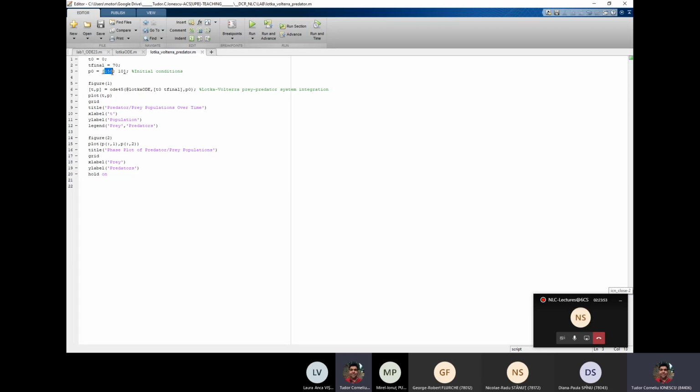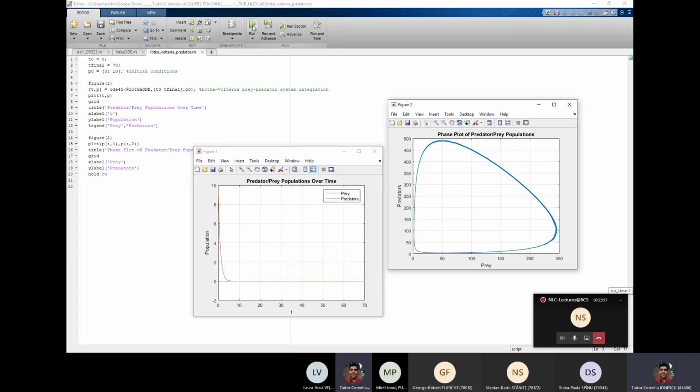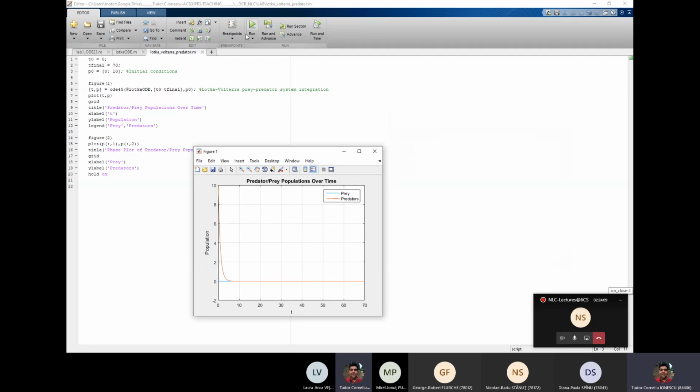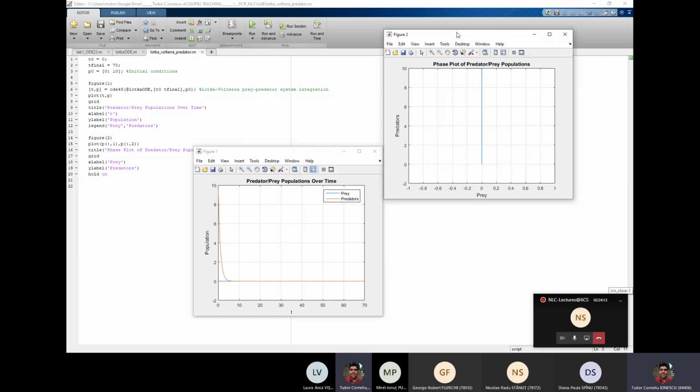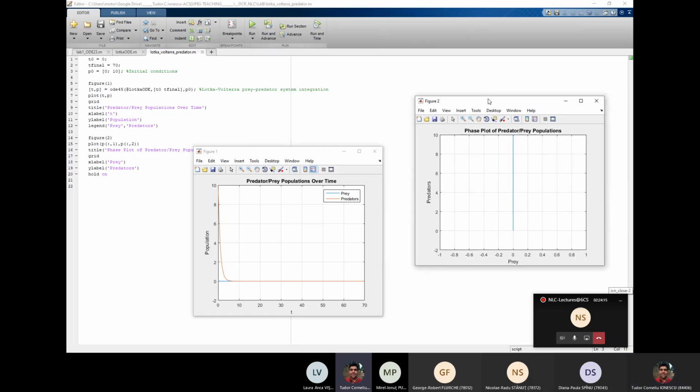Now let's have no prey, and only predators. Let's have 10 predators and no prey. Oh well, look. The predators disappear. The predators disappear if they've got nothing to eat.